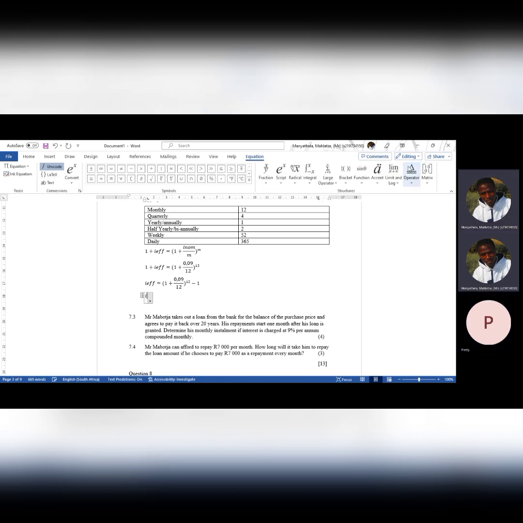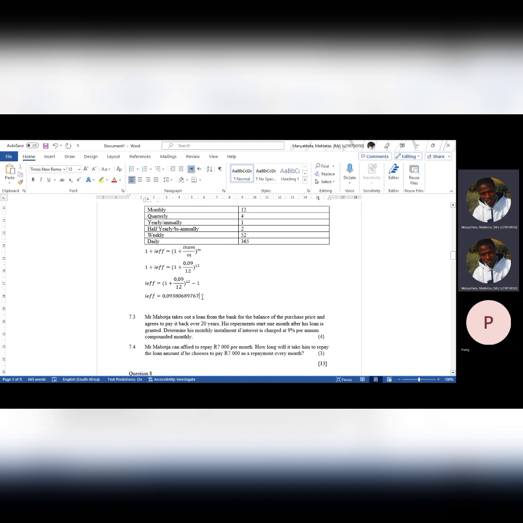So i_eff equal to 0.0938068989767. Convert it to a percentage by multiplying the amount that you got by 100.